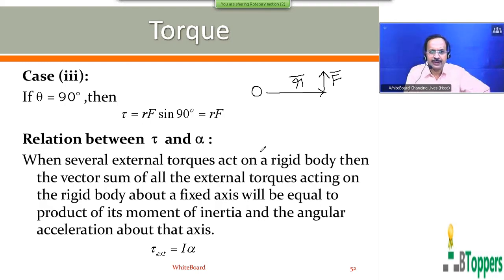When several external torques act on a rigid body, then the vector sum of all the external torques acting on the rigid body about a fixed axis will be equal to the product of its moment of inertia and angular acceleration about that axis. Or tau external, you can write I alpha. So those who are writing the notes, they can take a pause and finish writing the notes up to here. I want to show the continuation to this.